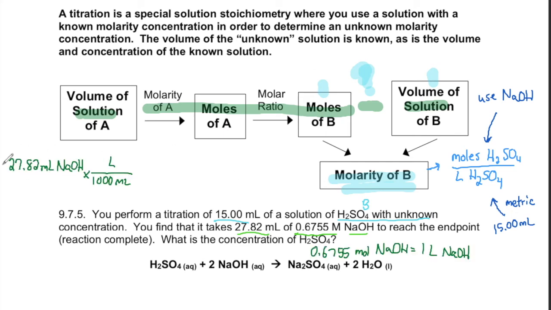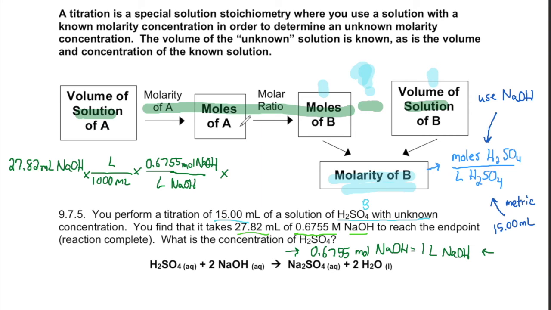Alright, so we're starting with our volume of known sodium hydroxide solution. And it's in milliliters. Again, titrations are usually not done on a several liters scale. So we have milliliters. We'll convert that to liters, just because the concentration of sodium hydroxide gives the relationship between moles and liters. So now that we have liters, we can use that concentration to get moles of sodium hydroxide.